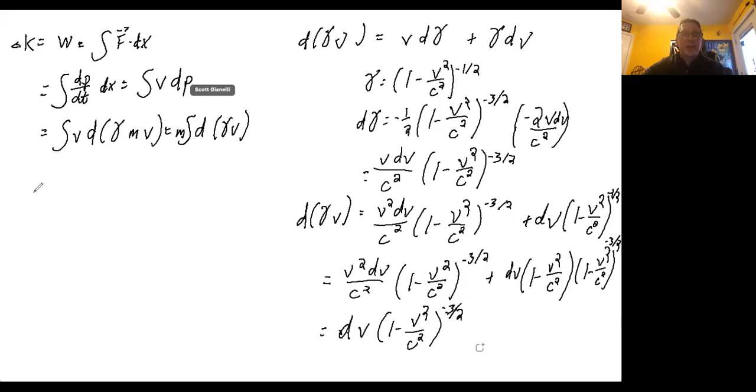And so delta K is equal to M, and then you have a V term in here too.